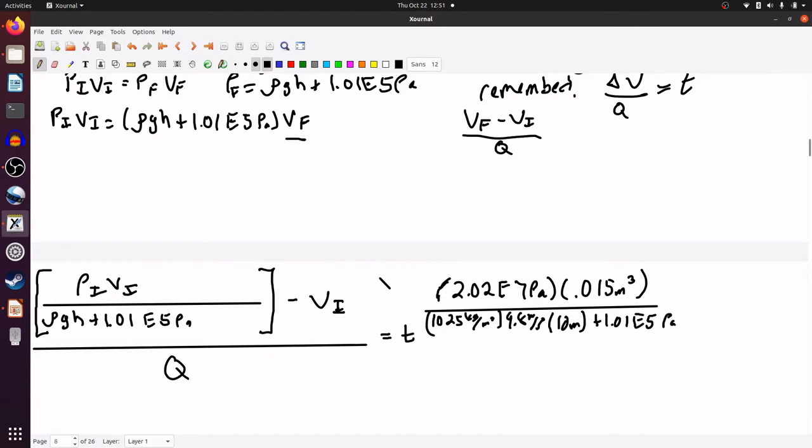So there's that, and then minus my VI, which is 0.015 cubic meters, all over 0.03 cubic meters per minute.